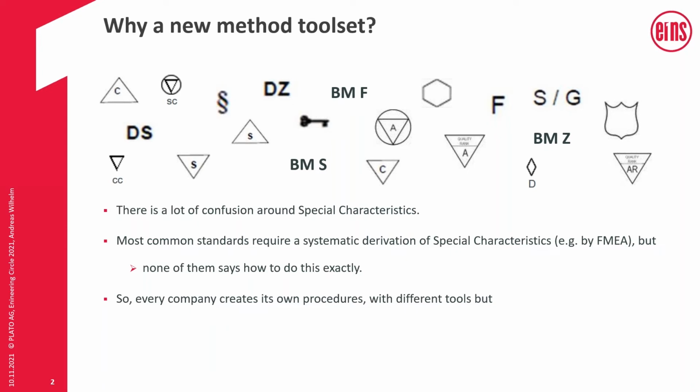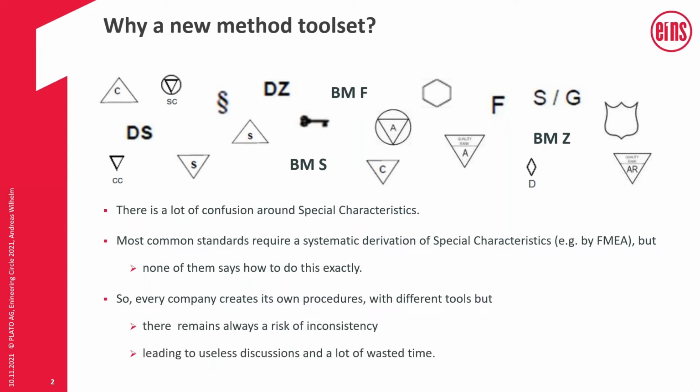For example, making an FMEA, deriving a control plan from it, but having special characteristics on a separate form, for example, in an Excel tool or something like this. So this leads to a risk of inconsistency between the data, and at the end, if there are inconsistencies, this is leading to useless discussions and a lot of wasted time.